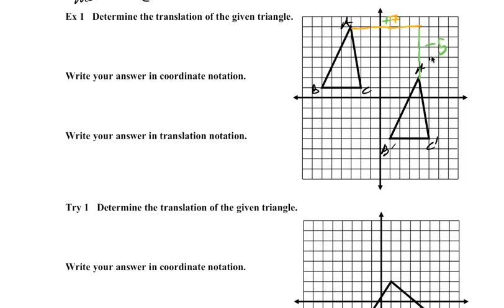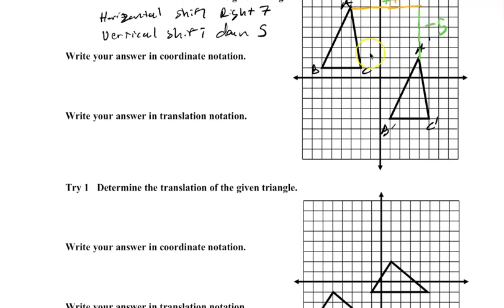So what's going on? We have a horizontal shift, right 7, and then a vertical shift, down 5. Let's write the answer in coordinate notation.